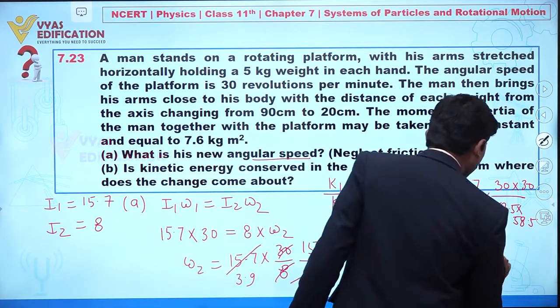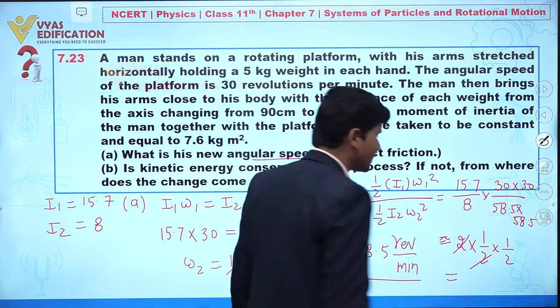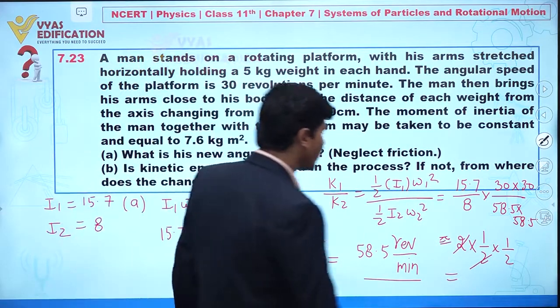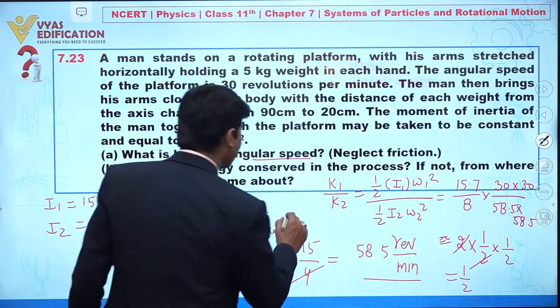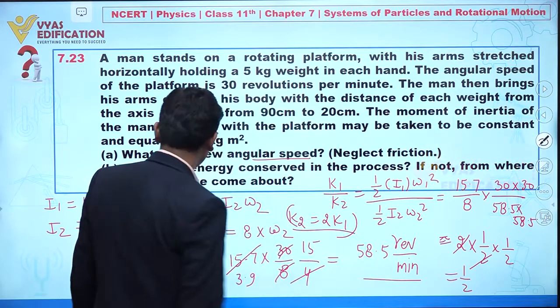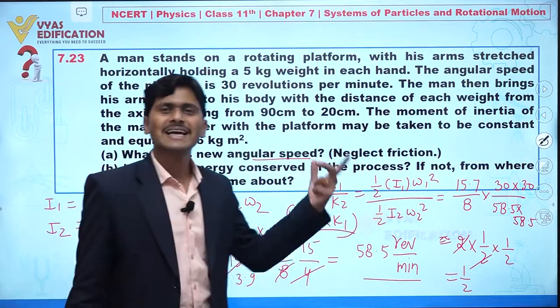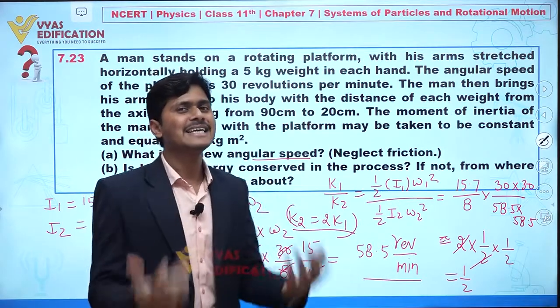So from here the factors cancel out and we get the ratio 1 by 2. It means K2 is 2 times K1. So kinetic energy is not the same as before; the kinetic energy increases.